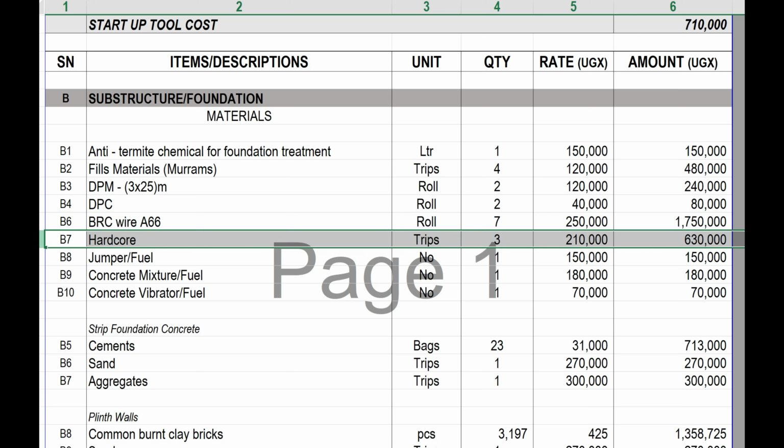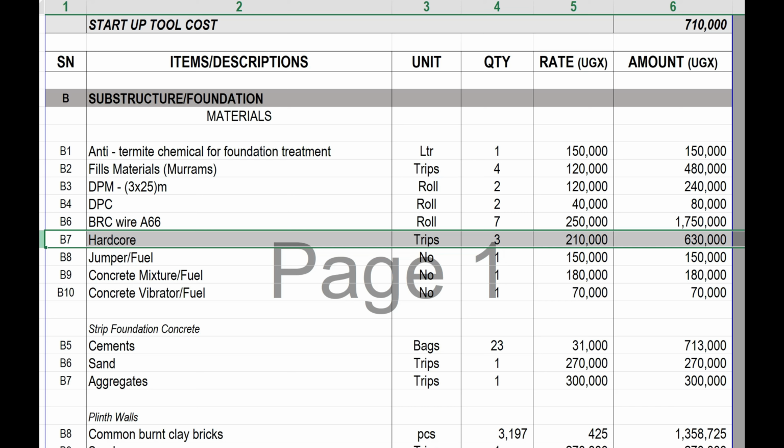Hardcore is also necessary. I think 3 trips can be enough, and not all the trips I'm going to talk about in this video are going to be in forward, because here in Uganda, most trucks that we use to transfer our materials to site are usually elf and forwards.